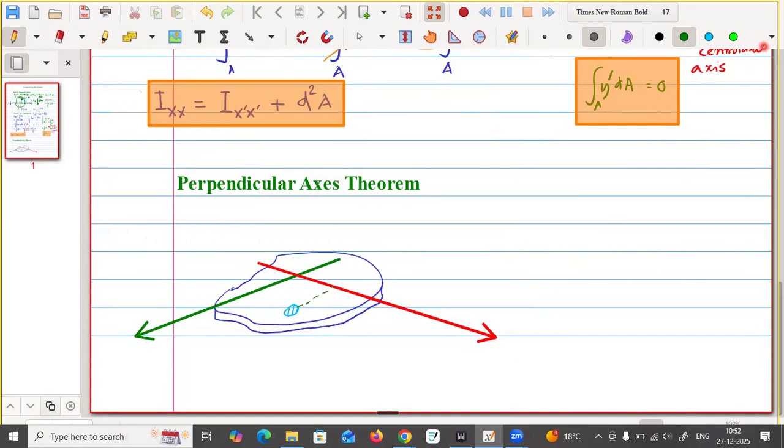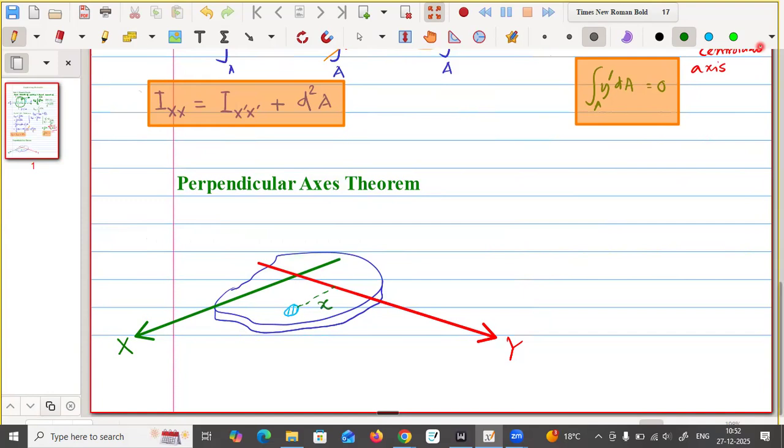Say the green axis is the x-axis and the red axis is the y-axis. So this green dashed line is along the x-axis. Let us call this distance small x, the distance along the x direction.